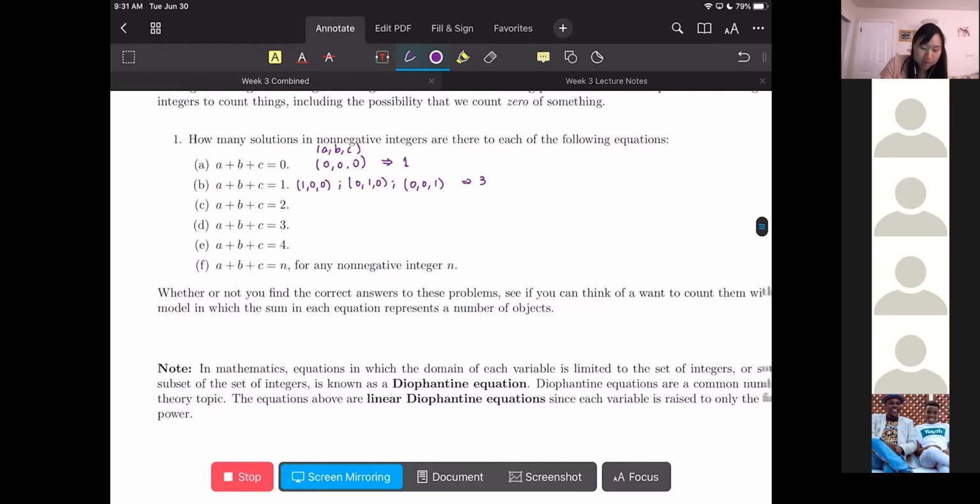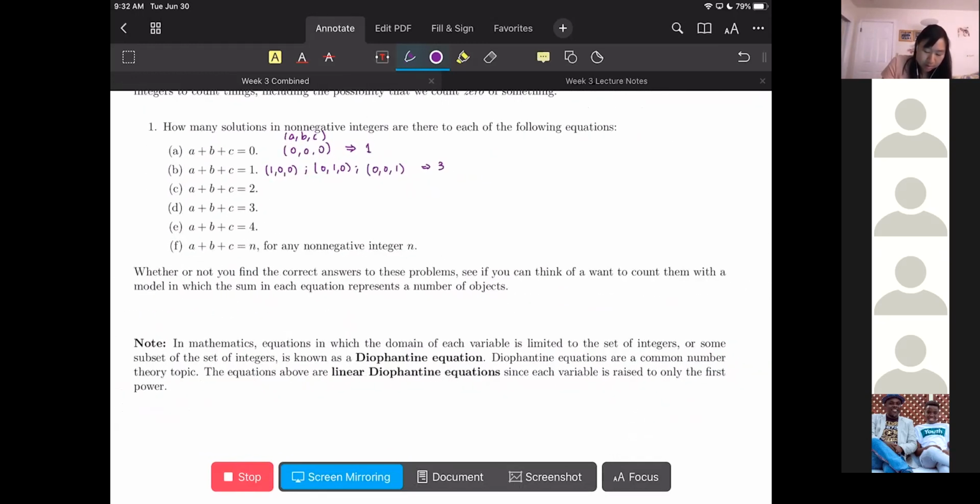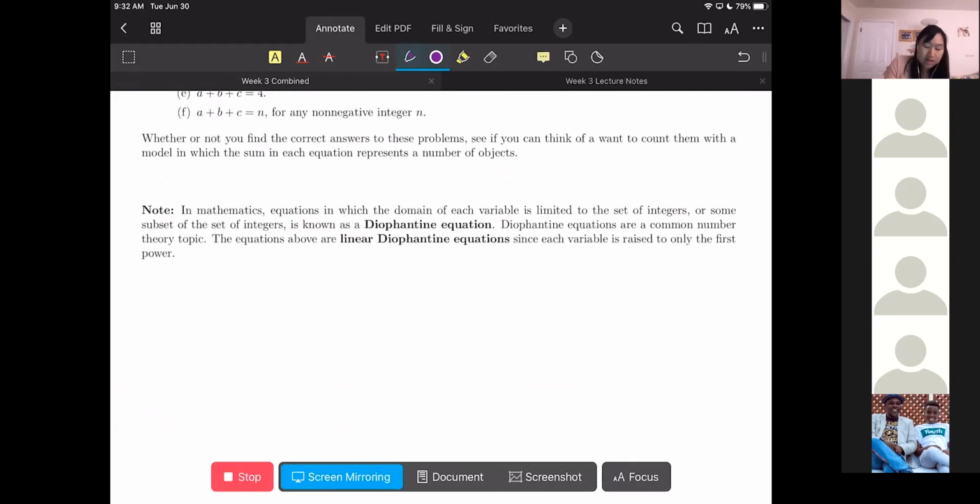So instead of trying to squeeze it here, I'm going to show you a different way we can count them. An aside before I get there: where we have equations where each variable is limited to the set of integers or a subset of integers, we call these Diophantine equations. It's just a name for the equation, and it's a common number theory topic.